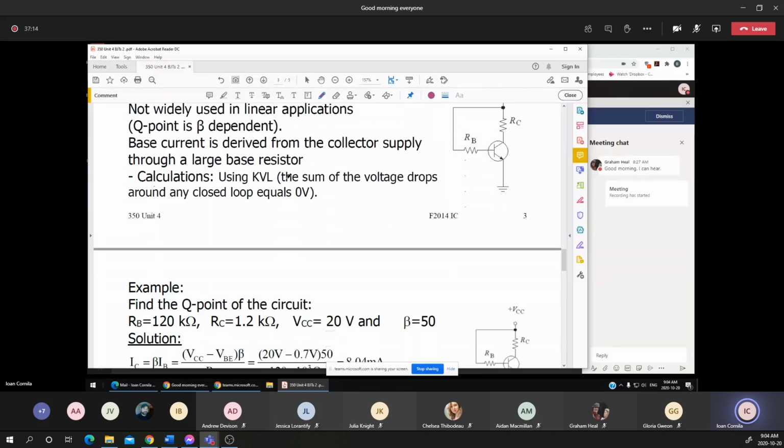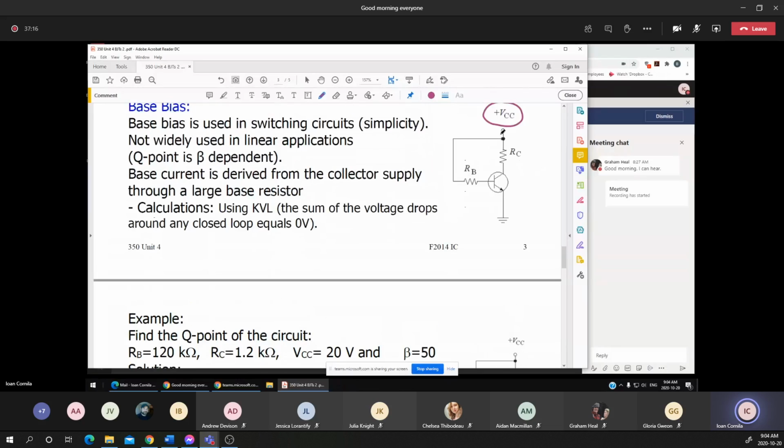You notice that I'm applying again the KVL on the input and the KVL on the output. There is nothing changed on the output. The output stays the same: the VCC, RC, and the emitter connected to the ground.